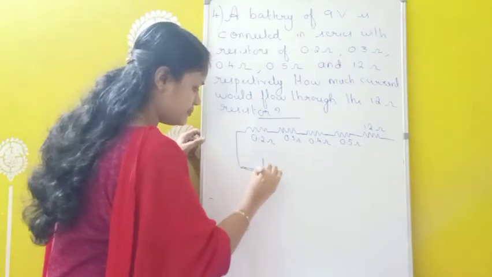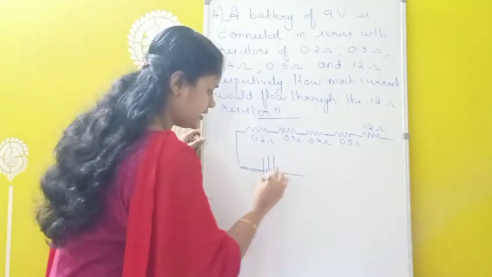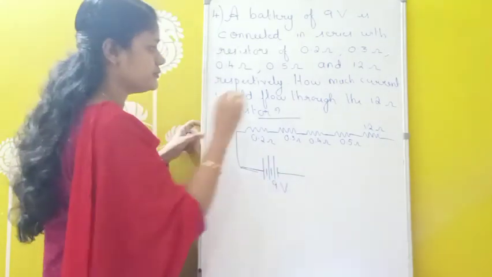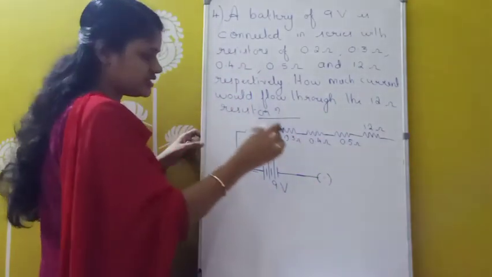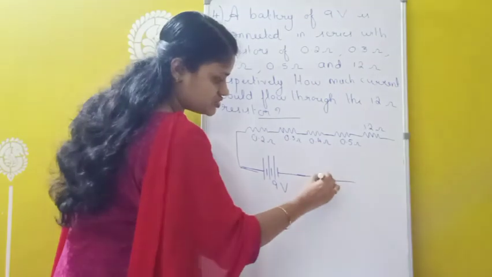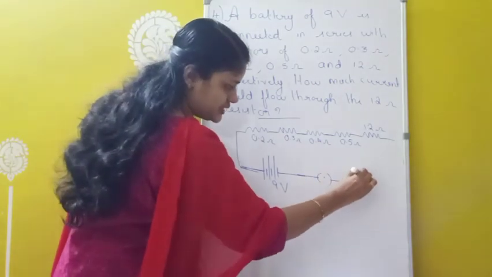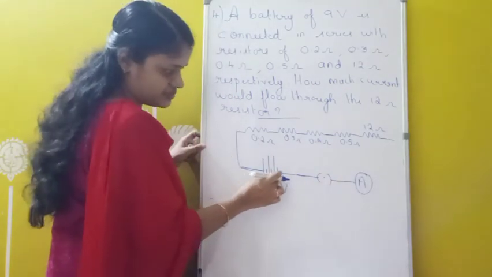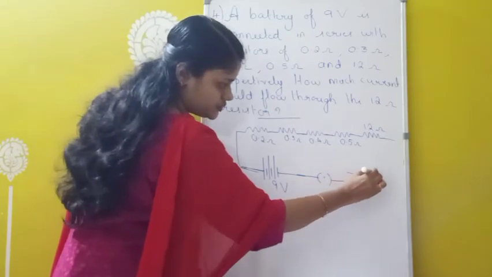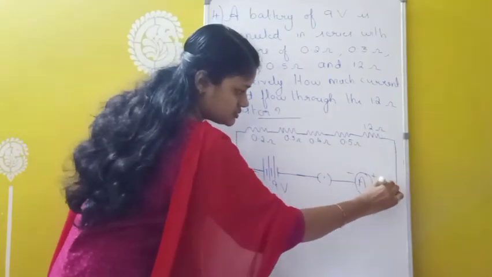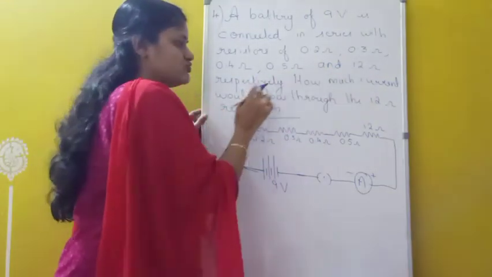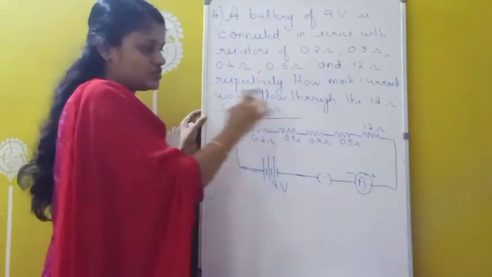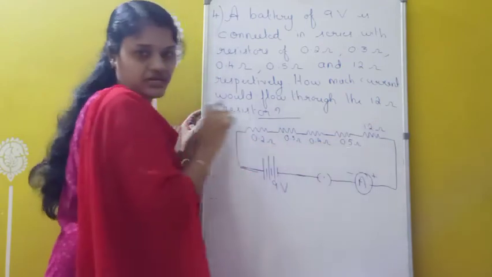So it is connected to a battery of 9 volt, and maybe a key is there. Okay, and if we want to measure current, we have to connect which one? Ammeter. So I am connecting an ammeter here. The negative is coming here, which means you have to put the negative here. Okay, right? Like this. So what do we have to find? We have to find how much current would flow through the 12 ohm resistor. Through this 12 ohm resistor, how much current will pass?